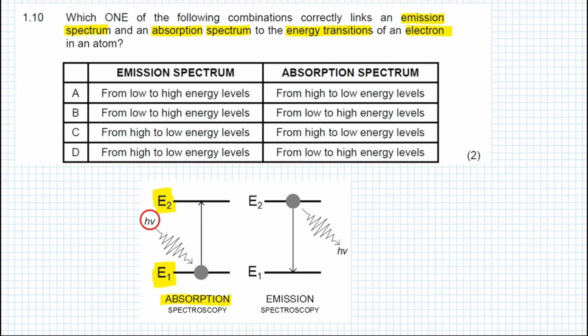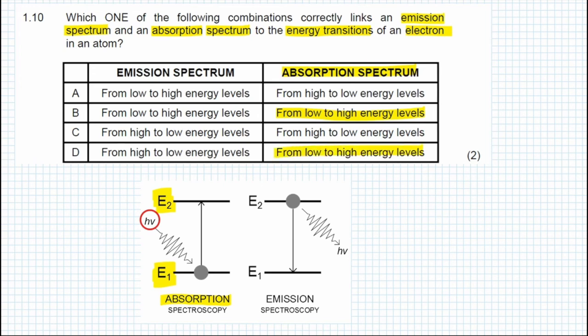If an electron absorbs energy, it's going to have more energy. Therefore, if we look at the options for absorption spectrum, the correct option would be from low to high energy levels. And I'm going to highlight those.